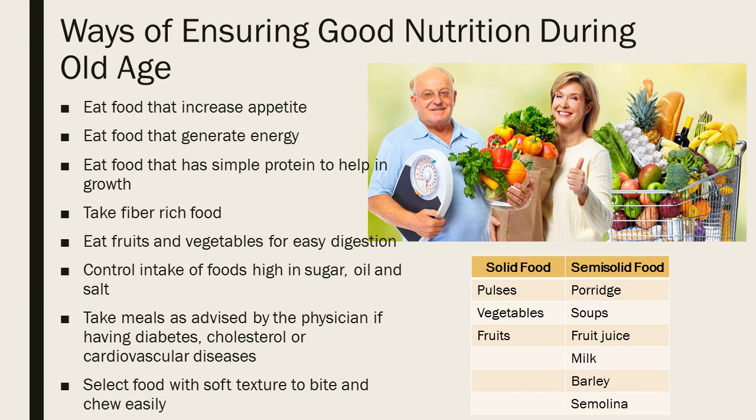So, to ensure good nutrition during old age, you should provide them with food that increases their appetite and food that generates energy required for their day-to-day activities. And food that has simple protein should be given to them to help in growth, because complex proteins would be difficult for them to digest.